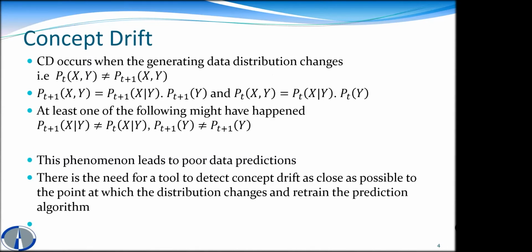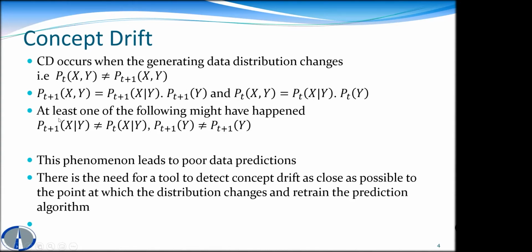As we said before, we have concept drift when the data generating distribution changes over time. Here we have a change at timestamp t+1. Recall that the joint distribution of x and y can be given by this product of this conditional probability with this.